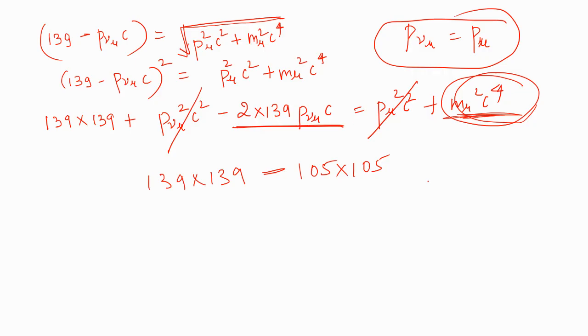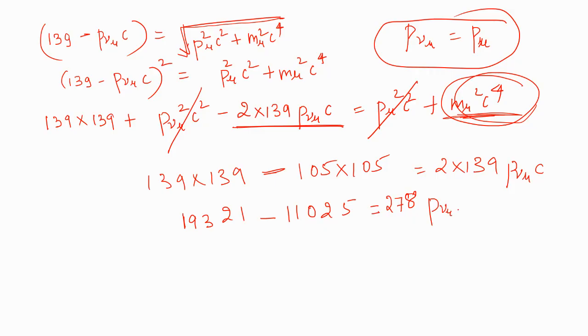I am taking this to the right hand side. 139² will be equal to 19321. This will be 11025. If I am making any calculation mistake, please remind me. This will be equal to 278 p_μ c, right?